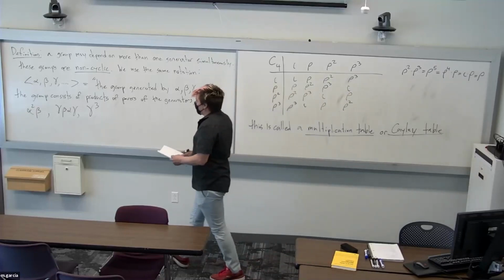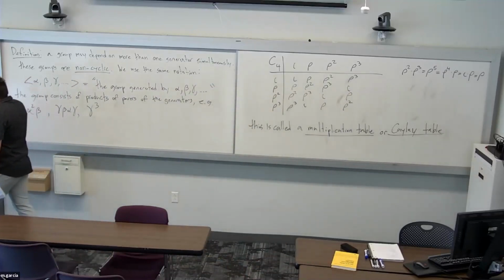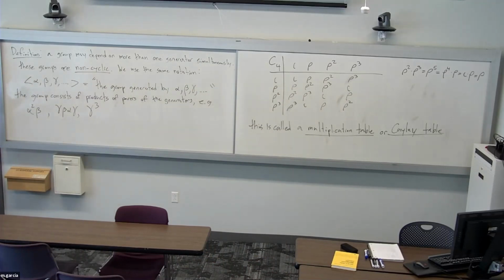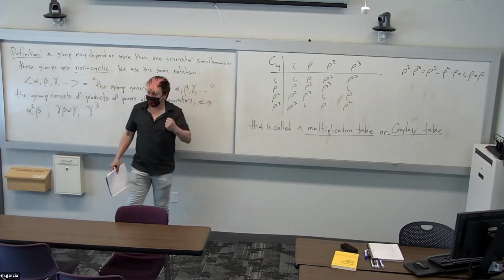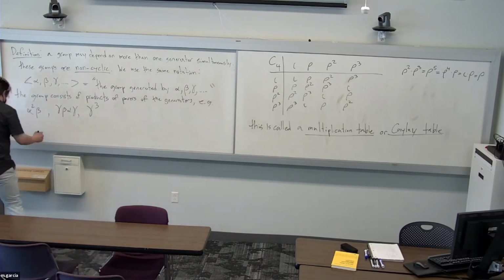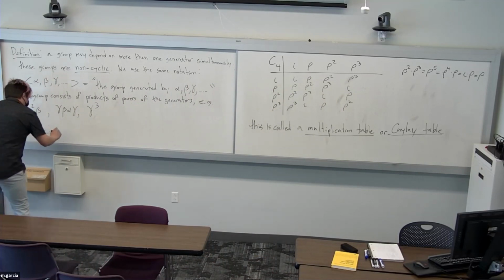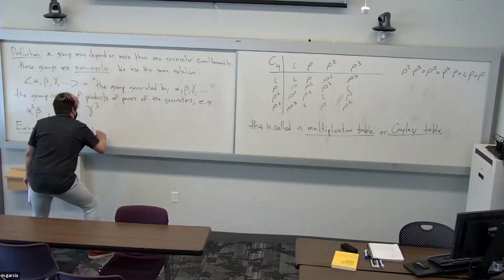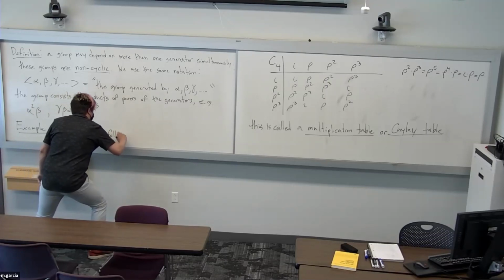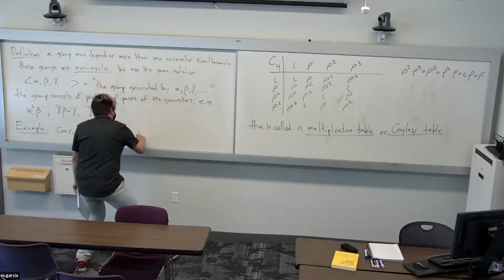Okay, so now that we understand a little bit more about how groups can be generated, let's try to discuss another group of order 4. So, for example, consider the following transformations.